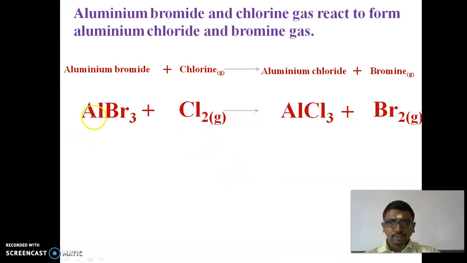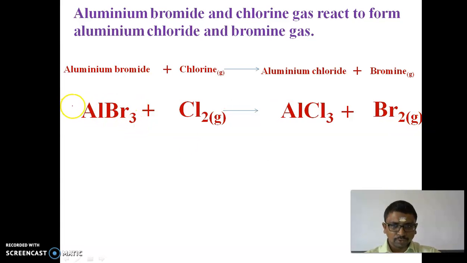We will see. Aluminium: how many atoms are here? 1. In the product also 1. And bromine: in AlBr3 the number of atoms is 3, and here it is only 2. So if we put 2 here, how many atoms will it come? 6. Here 2.